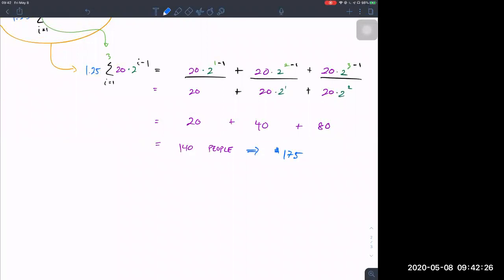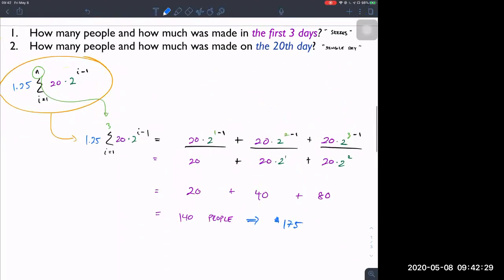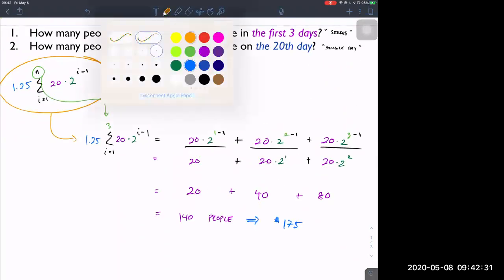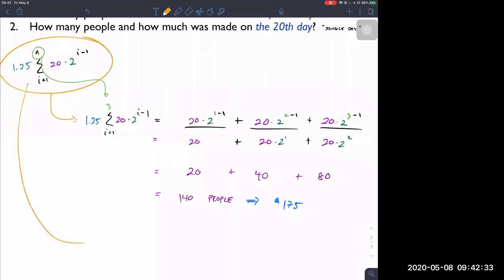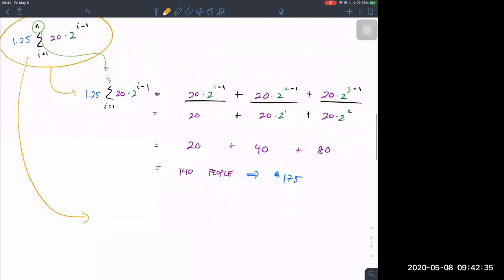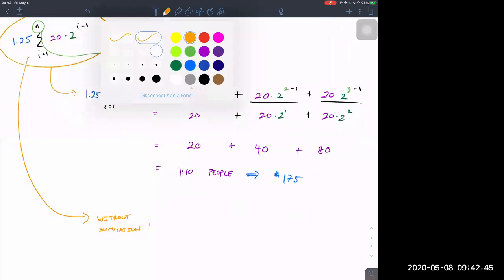You need just these details right here, without the summation. Well, what happens, or what is left, when you take out the summation?